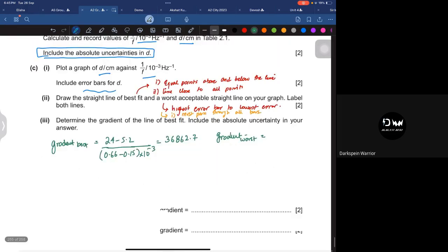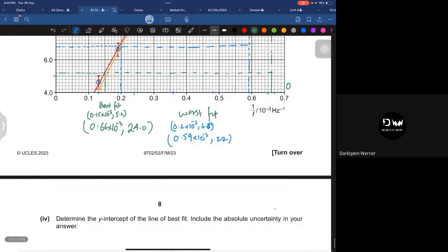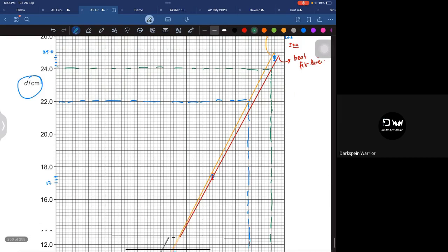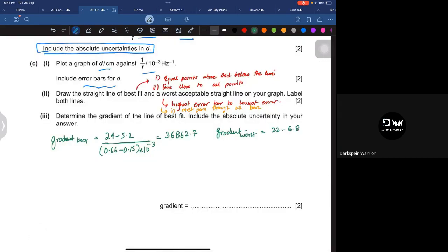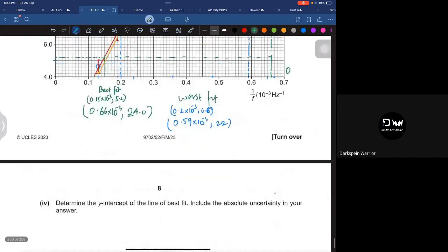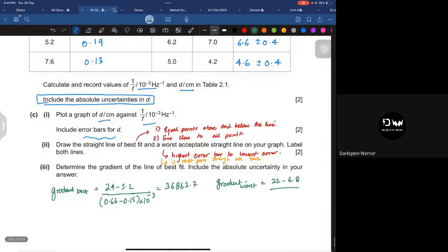And the worst fit would be 22 minus 6.8 divided by 0.59 minus 0.2. That would be 38974.4. This one, right? Everybody agrees? Any questions here? Please let me know. No.